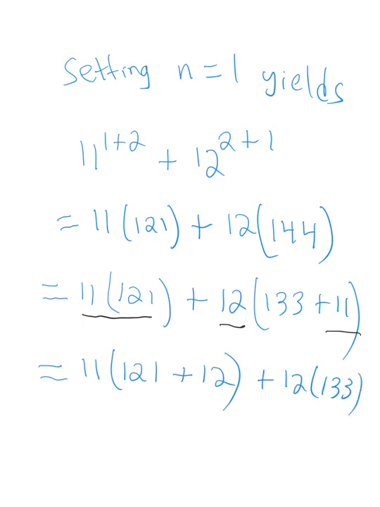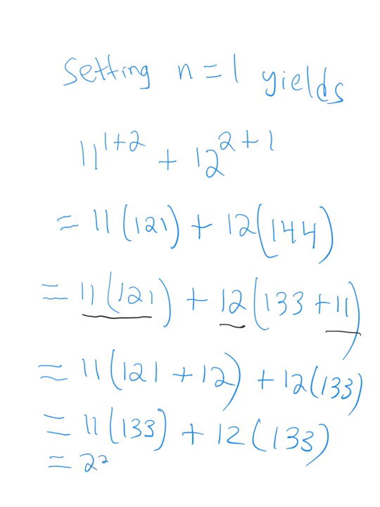But what is 121 plus 12? That is 133. So what I end up with is 11 times 133 plus 12 times 133. So this ends up being 23 times 133. So what we just did was plug in n equals 1 into the original expression, and we get something times 133. So this completes the basis step.